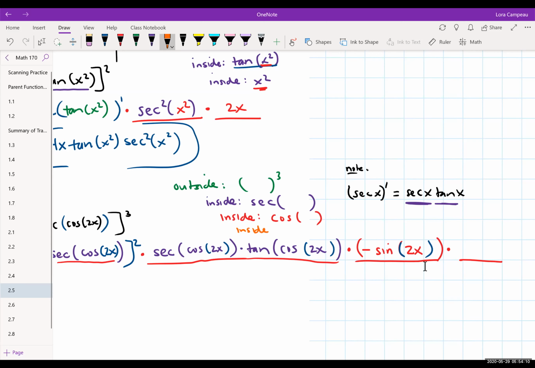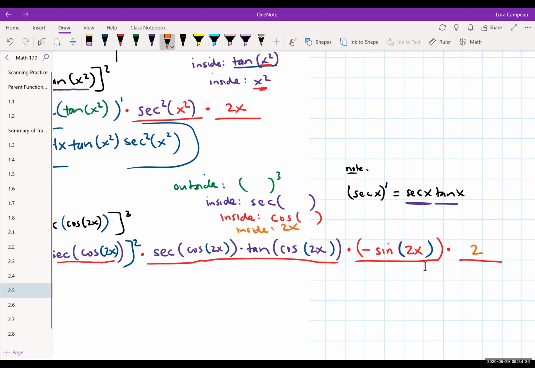The inside of the cosine was 2x. So the derivative of 2x is just a 2. And now, my friends, we are finished with the calculus part. Now it becomes a game of algebra.